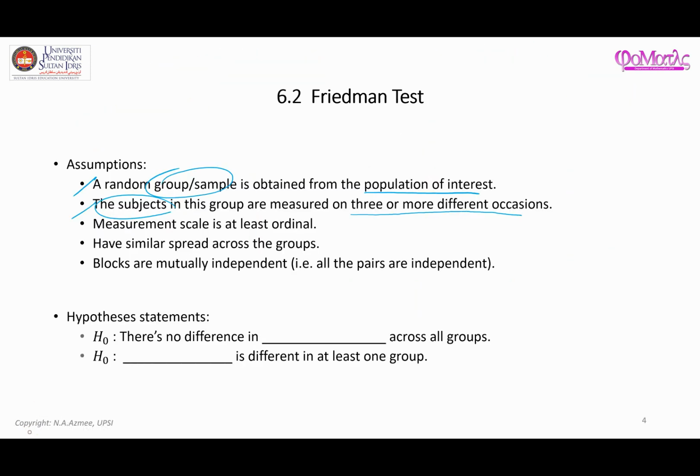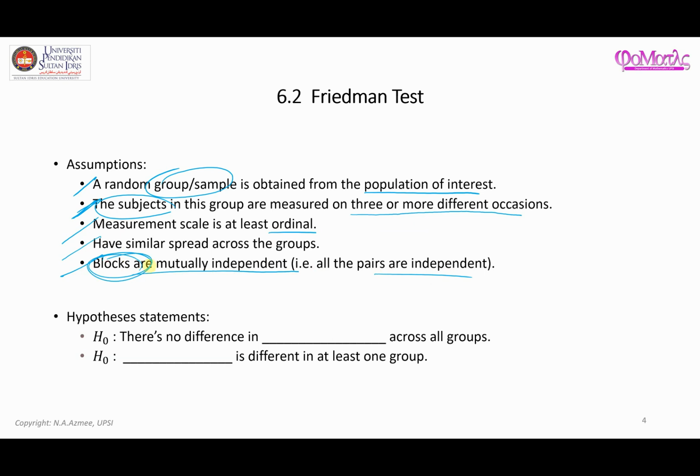So the second point here is exactly related to the key idea which I have described just now. Measurement scale is at least ordinal. You have similar spread across the groups. This is particularly important if you want to be more specific in the null hypothesis, for example, you want to test the medians. And here blocks are mutually independent, or the pairs are independent.